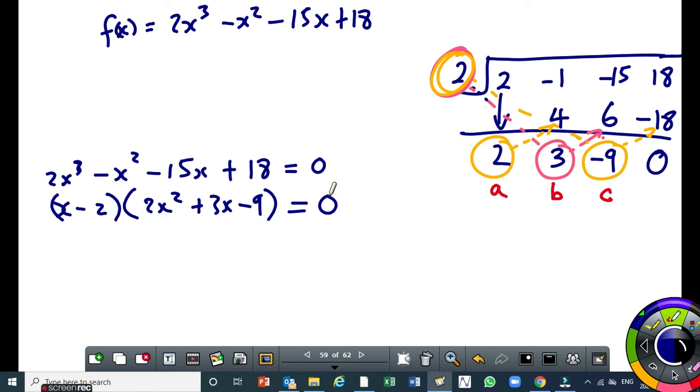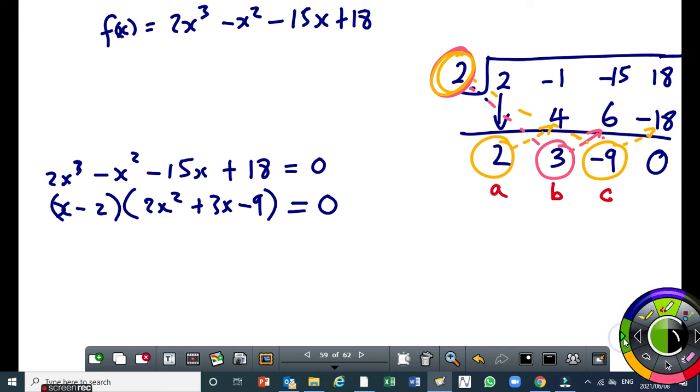I want you to pay attention because I'm going to factorize it. The coefficient is 2, the constant term is minus 9. So 2 times minus 9 will give me minus 18.